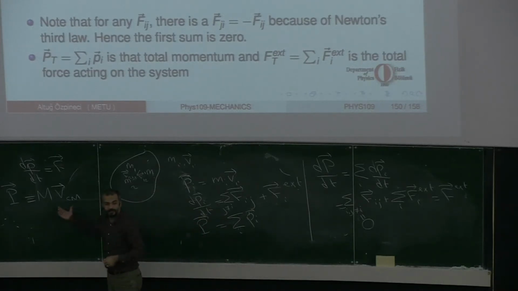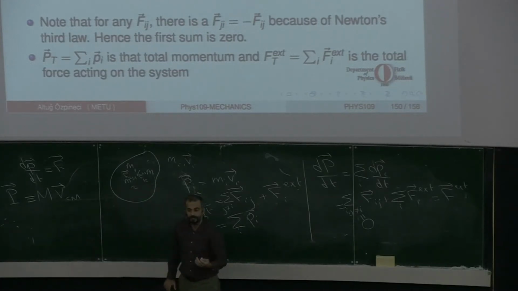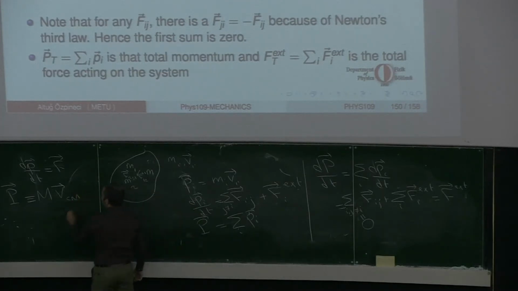For point particles, we always define the velocity as the rate of change of their position. We do the same thing. Here, the velocity of the center of mass, we define it as the rate of change of the center of mass position.